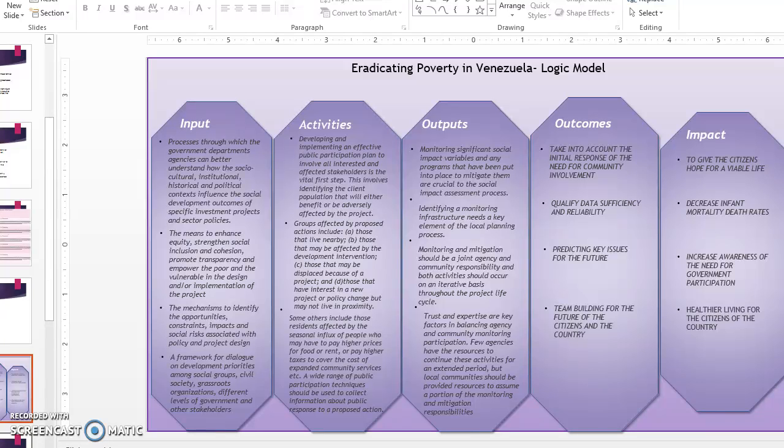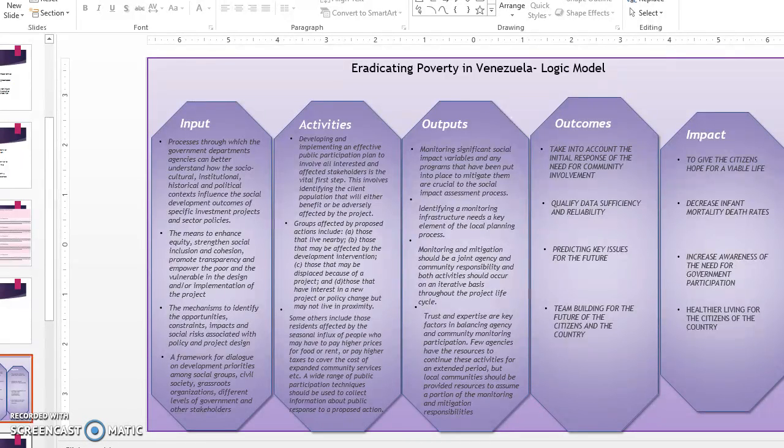This logic model looks at eradicating the poverty in Venezuela. The input looks at the process through which the government and department agencies can help with the cultures and to do a better job for the people by means of strengthening social cohesion, promoting more transparency with the laws, and to identify opportunity and social risks that the people may be involved in that are keeping them in the situations that they're in.